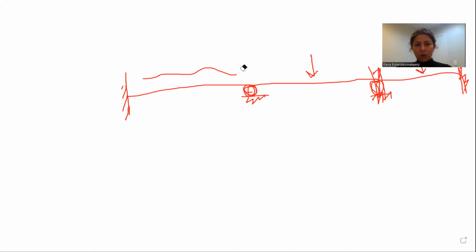So when we say unlock or release, it means in the real case, we don't have any fixed support here. So the beam is allowed to move or rotate, so it is not fixed. So we have to release it. When we release it, the bending moment that we already calculated at this joint needs to get distributed along the beam.